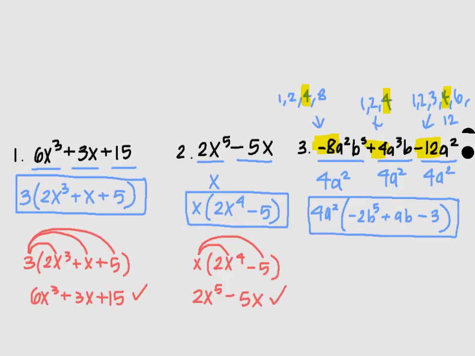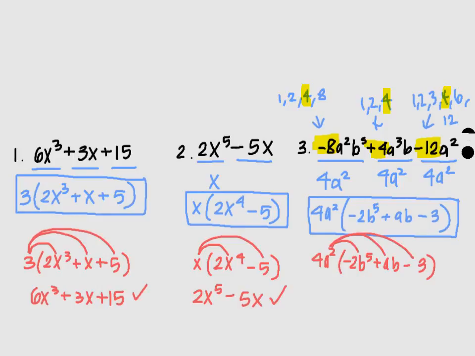Just to check that I did this correctly, again, I'm going to take my factored form, 4a squared times -2b to the fifth plus ab minus 3, and I'm going to distribute the 4a squared to all of the terms. And I want to check to see that I get the same trinomial that I started with.